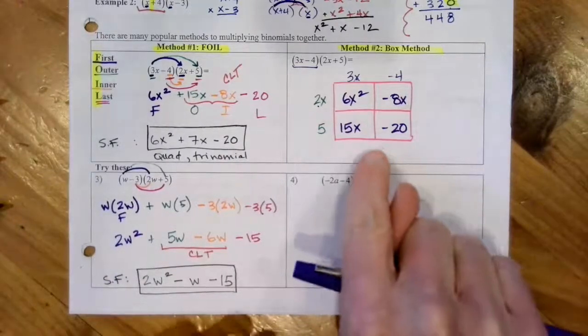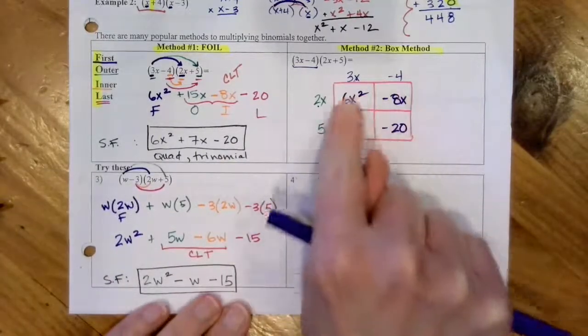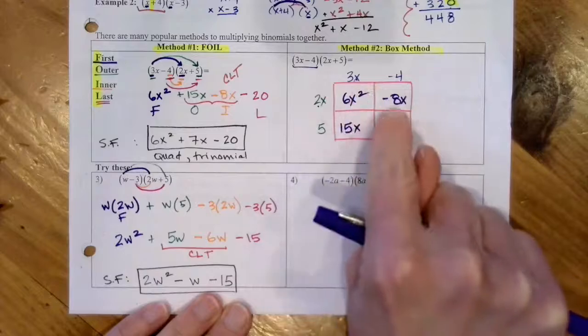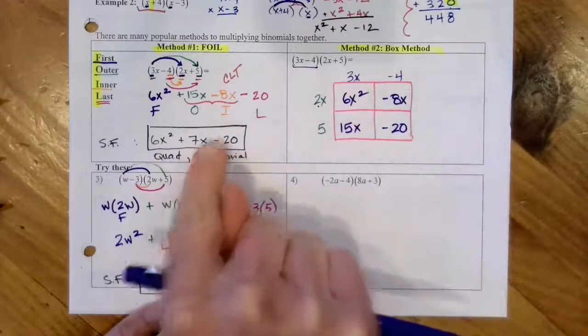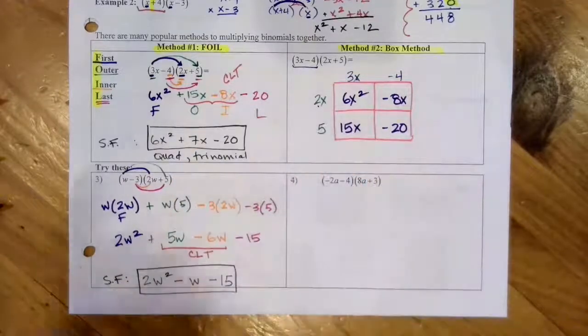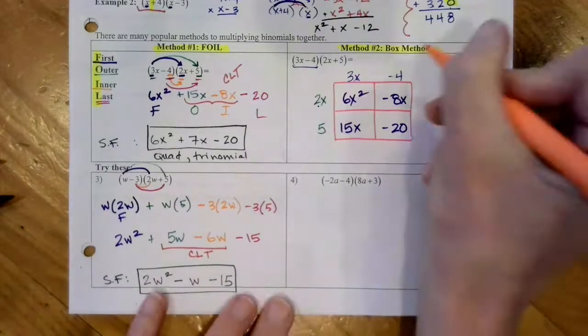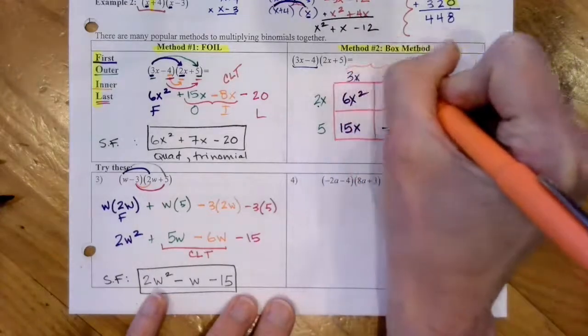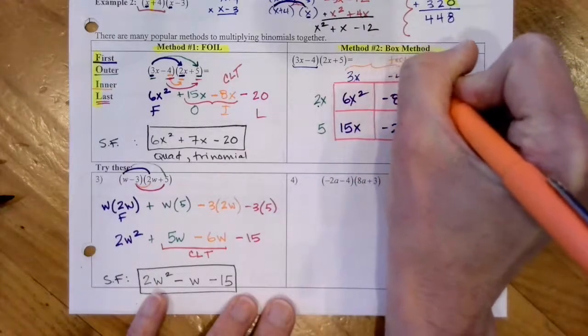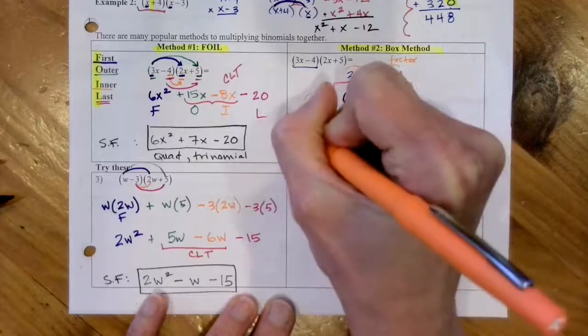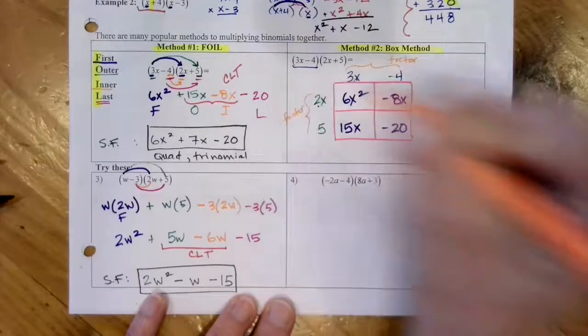So what I want you to see is each of these products here comes from each of these factors. It's going to be real important that you remember what we call each of these things. So this here is a factor. This here is a factor.